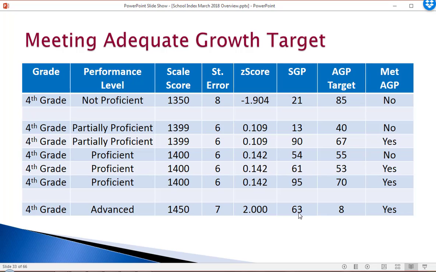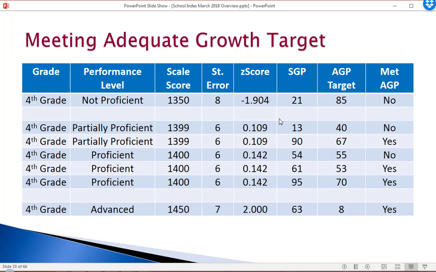Since they didn't need to score very high because high achieving students tend to continue to score extremely high, it's saying that their target for their SGP was at the 8th percentile. This student scored in the 63rd percentile, which is certainly higher than the 8th percentile, so we would say yes, they met the adequate growth percentile.